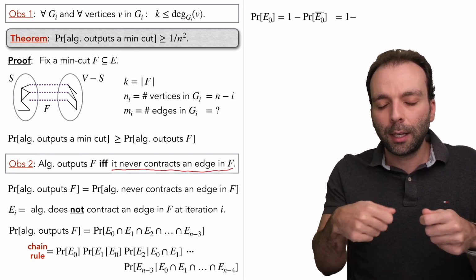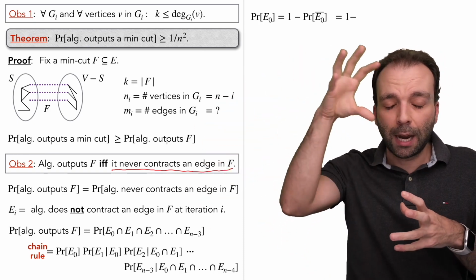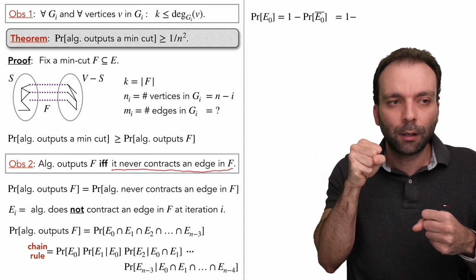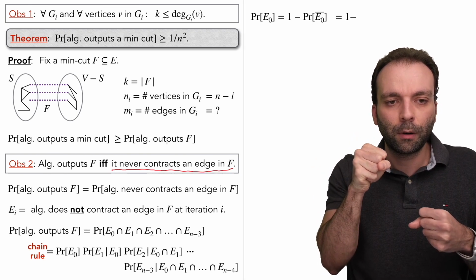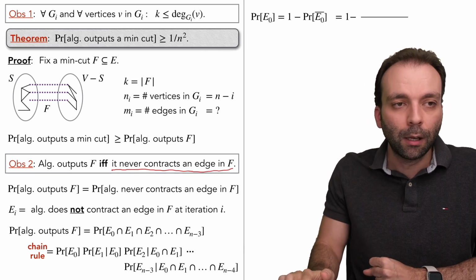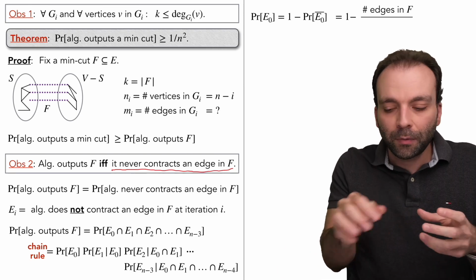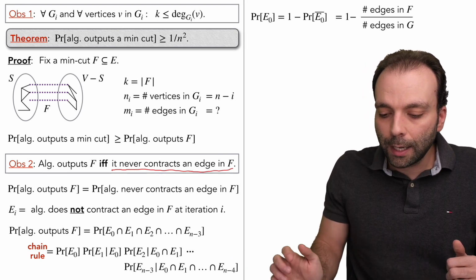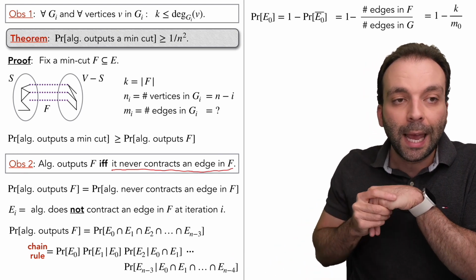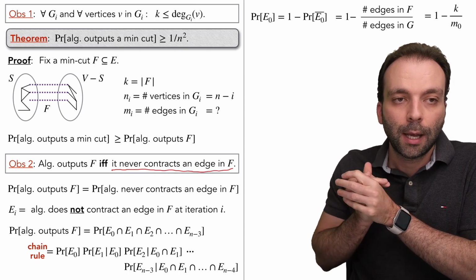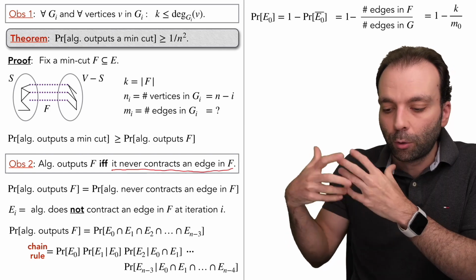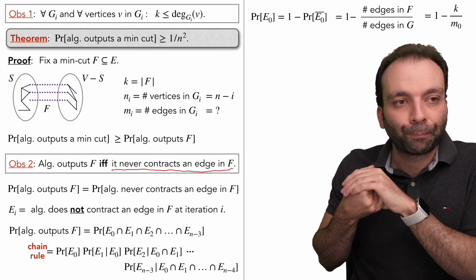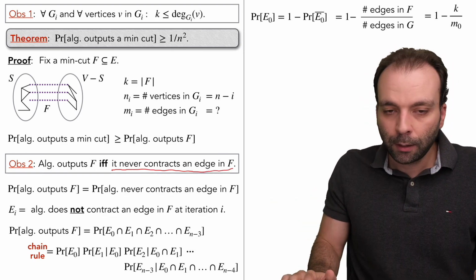And some of those edges are the F edges, and I'm basically picking randomly one of those edges out from the bag, and I want to know what is the probability that I will get a cut edge, an edge from F. So this is basically the number of edges in F divided by the total number of edges in the original graph G. So that is, in our notation, 1 minus K over M0, where M0 is the total number of edges in the original graph, and K is the number of edges in F. Good, so that's equality.